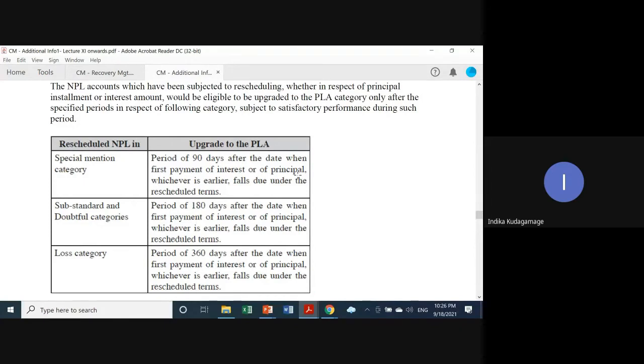That means a customer may have 3-4 facilities to the value of 10 million. If 3 million goes NPL, even though he repays the other facilities promptly, we have to mention all the exposure, that means the entire 10 million.